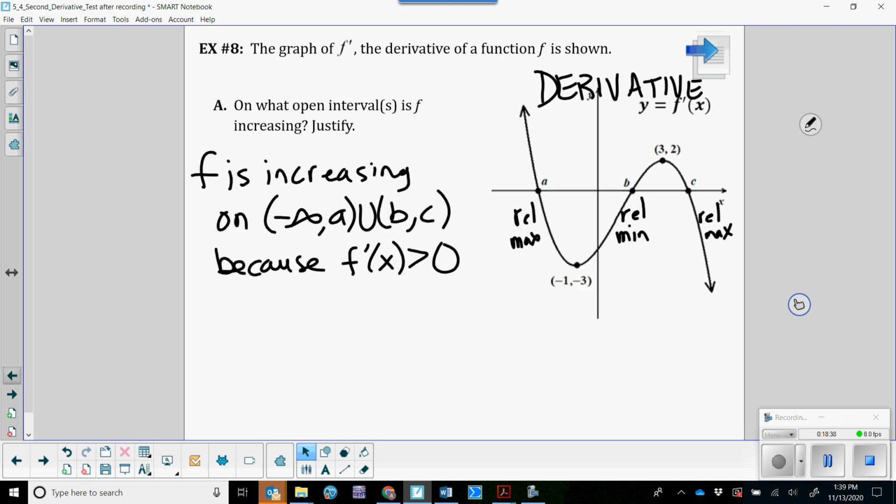But let's think, this is that part where we got to really get this in our head. f double prime is positive. What does that mean about f prime? It's increasing, because f double prime is this one's derivative. It's the derivative of the derivative. It doesn't matter what level I'm at.